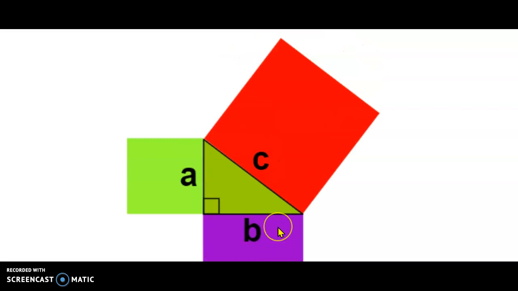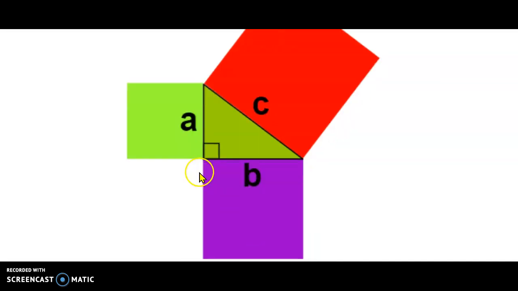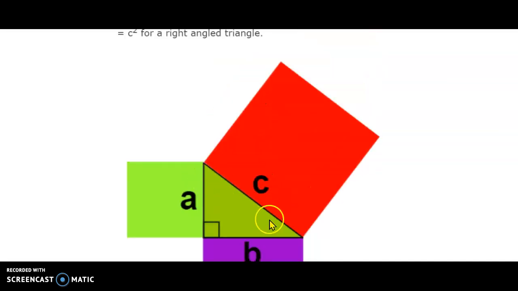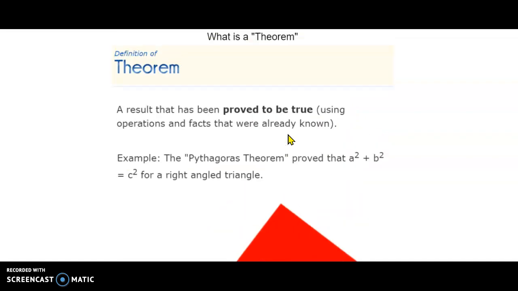The Pythagorean theorem says if we add the areas of the green square and the purple square, it becomes the area of the red square, which is c squared. So that's the proof. A theorem is just a fact that has been proved by mathematicians, and that's what we're going to learn today: simply facts about circles and cool stuff in it. So let's jump in.